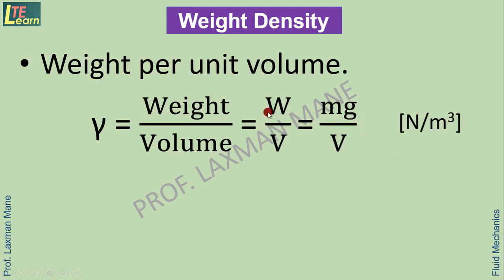Here weight is measured in Newton and volume is measured in meter cube, so the unit of weight density is Newton per meter cube. Further, in this mg upon V, m upon V is a ratio, that is density, meaning rho, so weight density gamma is equal to rho into g. Weight density is also called specific weight.